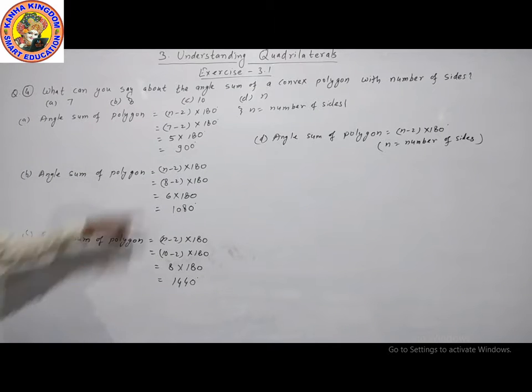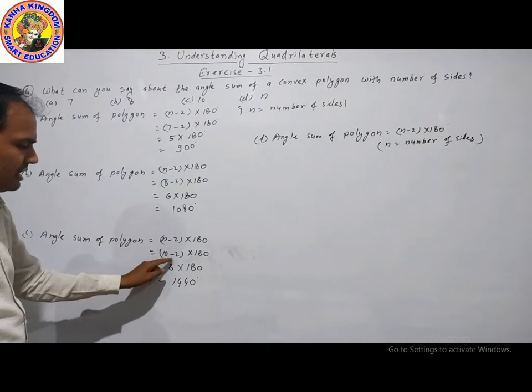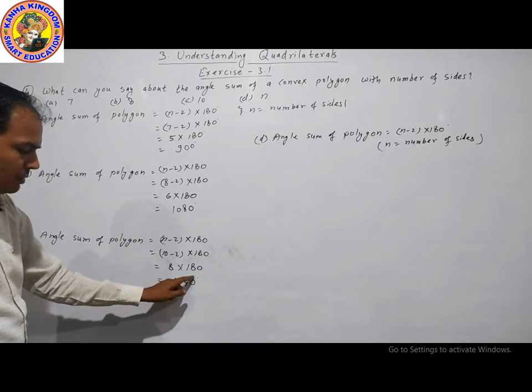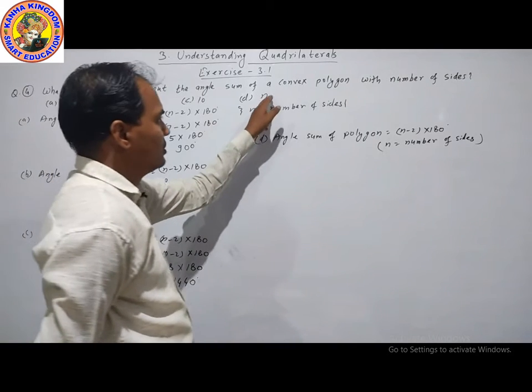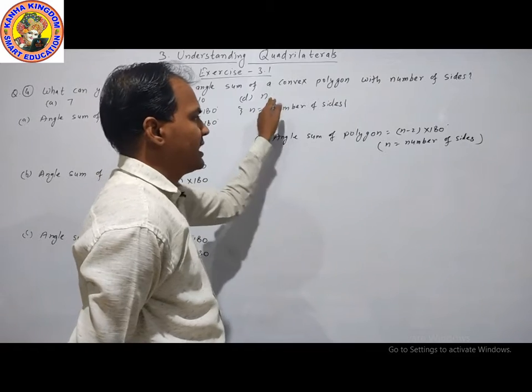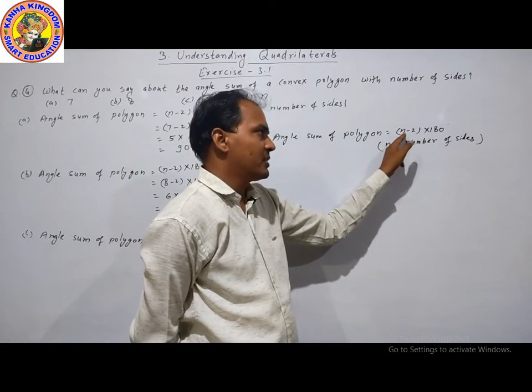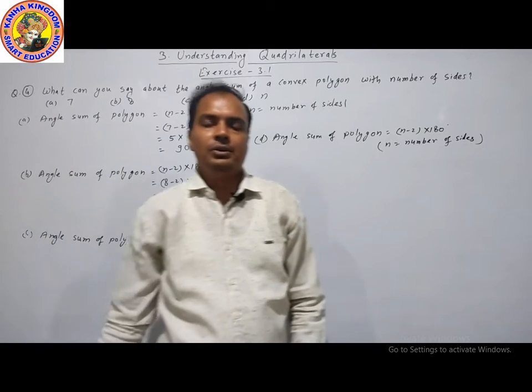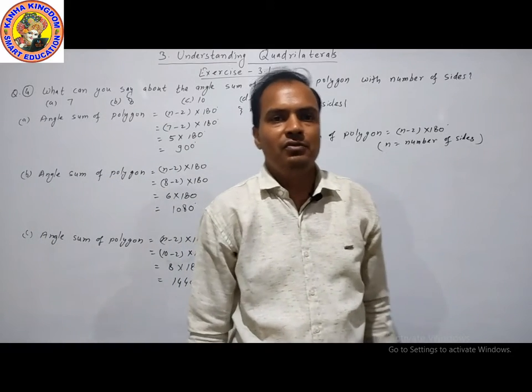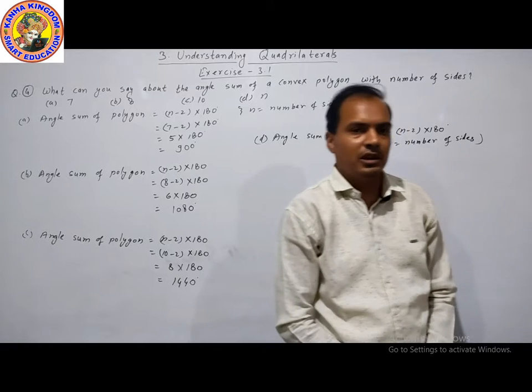In the third part, the number of sides is 10, 10 minus 2 into 180, 8 into 180, 1440. Now the number of sides is n, so in the formula, (n minus 2) into 180. This is our answer. You can take a screenshot of this. We will move to our next question.